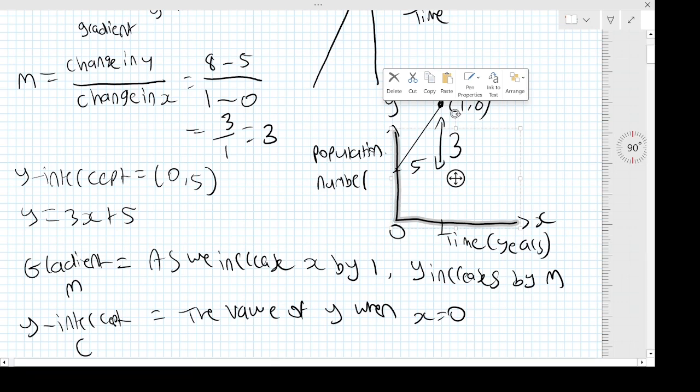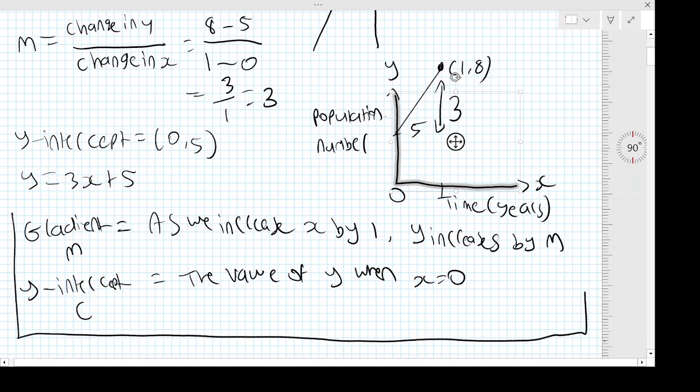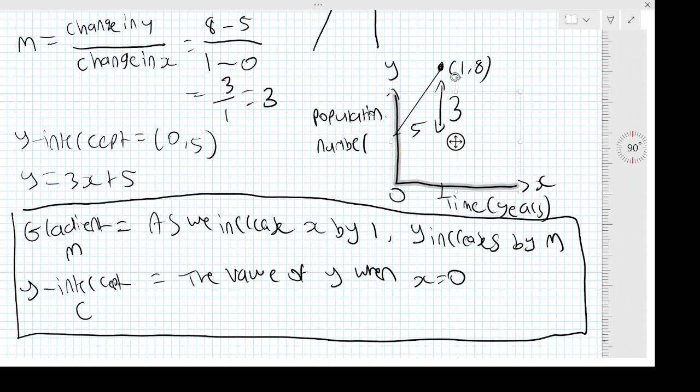So again, there is a real life idea behind that. But essentially, these are the two ideas of gradient and y-intercept. You will be expected, and we will see questions in a minute, to relate the gradient and the y-intercept to a real life situation, because there is a real life meaning behind these two ideas.